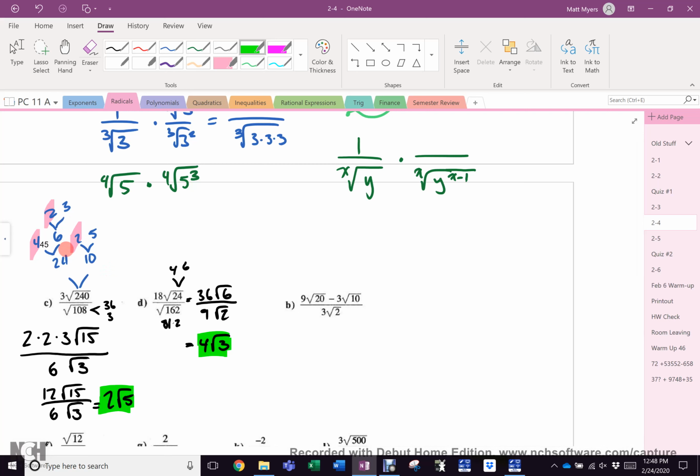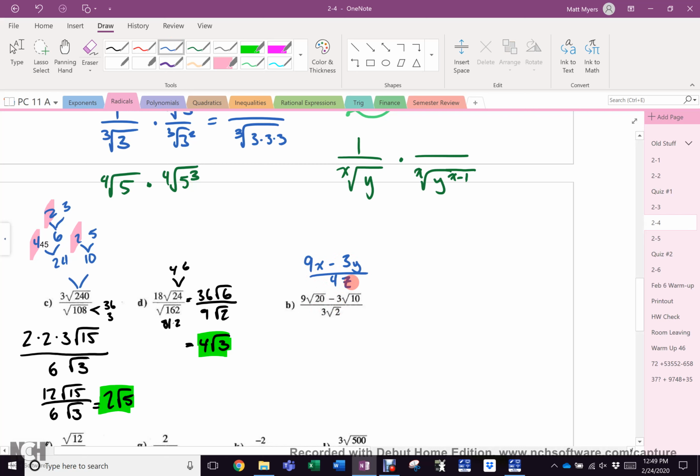All right, are we all good? We all good? All right. So, what's happening here? That would be exactly the same as 9x minus 3y over 4z.